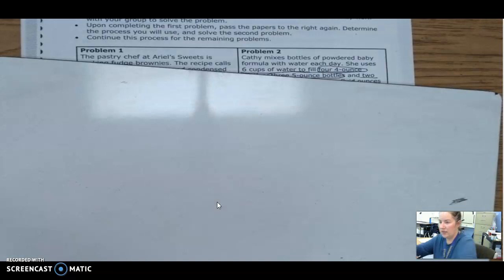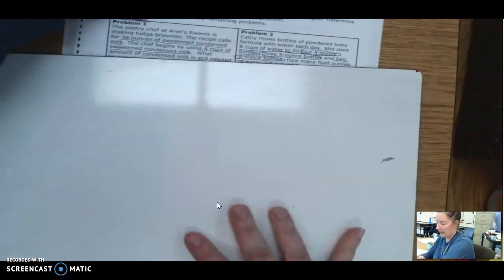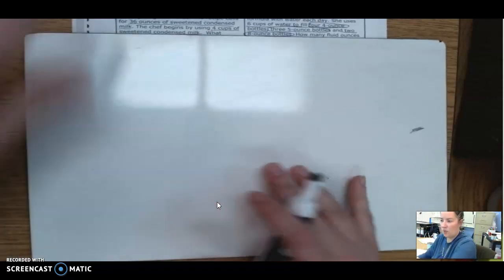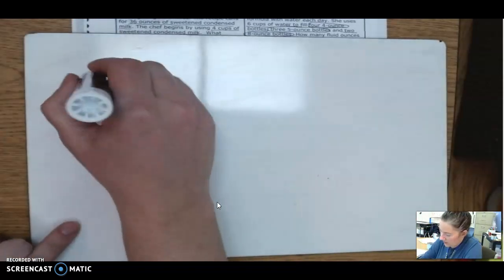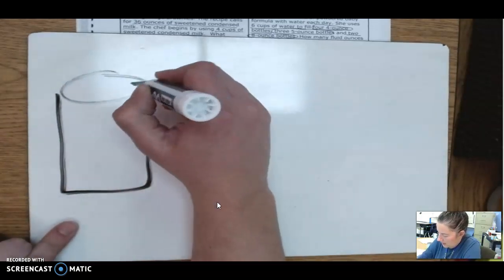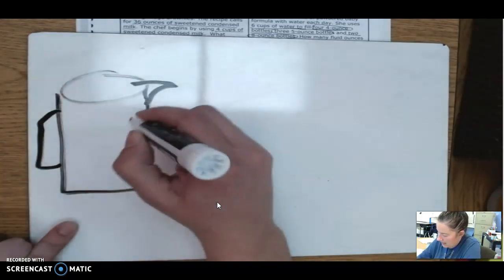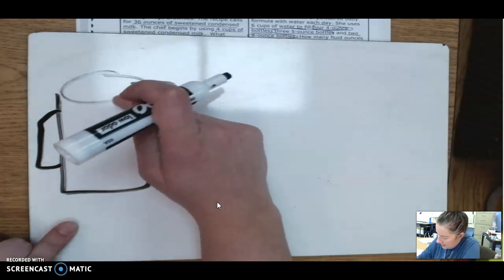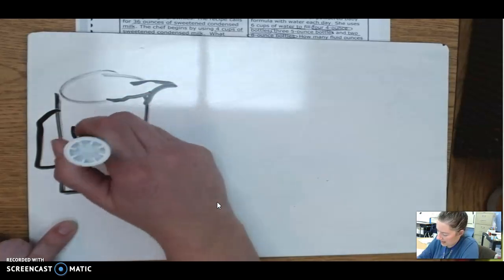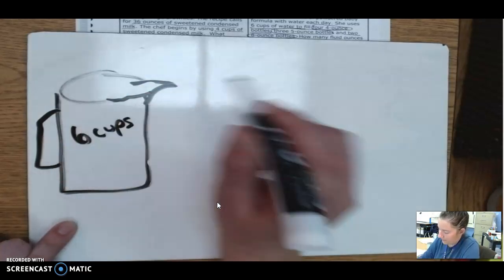So let's take a look. I'm going to zoom out a little bit so we can see. So it says she uses 6 cups of water. So she has like a pitcher. You draw, you know, like she's ready to go. And this has, my drawing is bad. Okay, this has 6 cups in it.